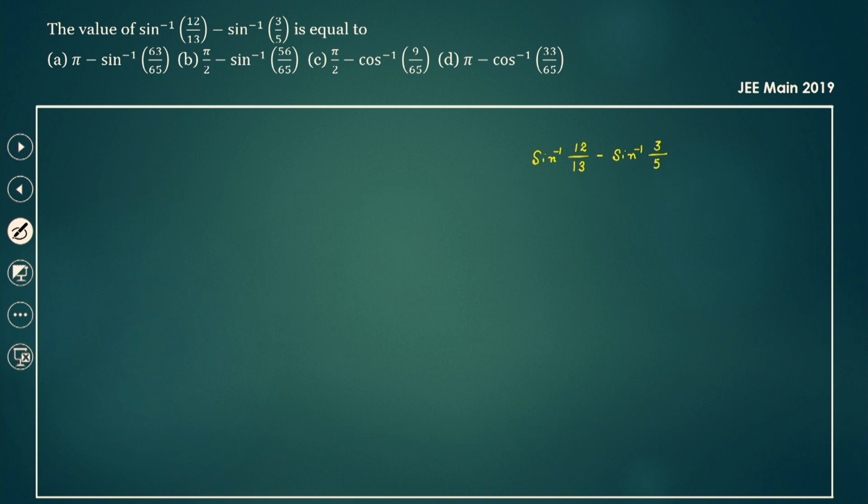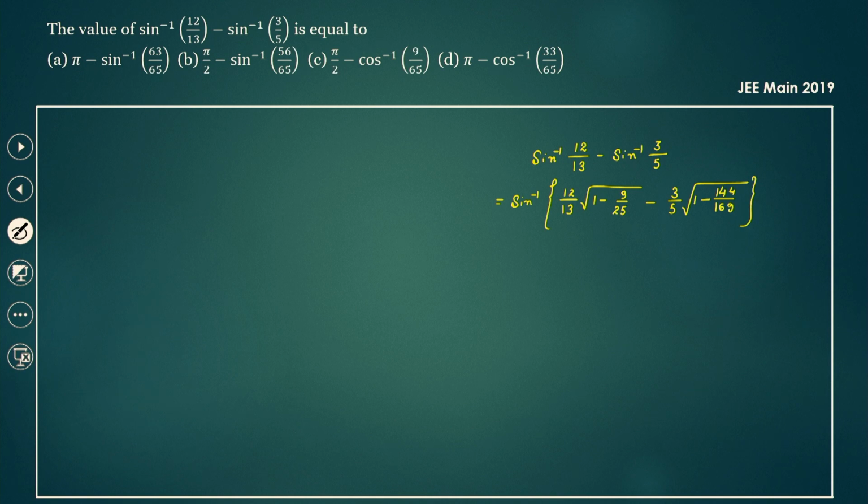That's equal to sine inverse of 12 by 13 multiplied by square root of 1 minus 3 by 5 whole square, that gives 9 by 25. Now we have minus sine inverse 3 by 5, we just keep it, square root of 1 minus 12 by 13 whole square, that is 144 divided by 169.